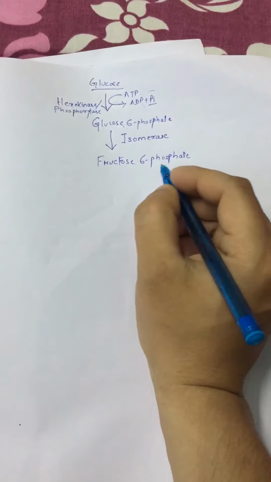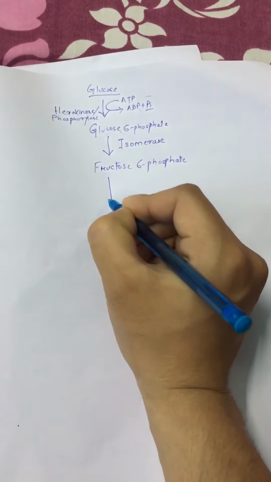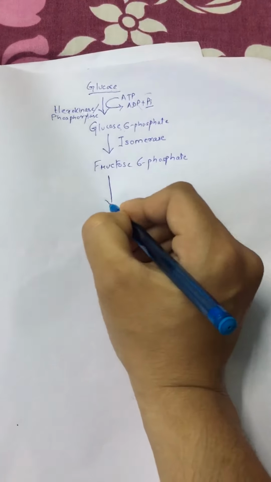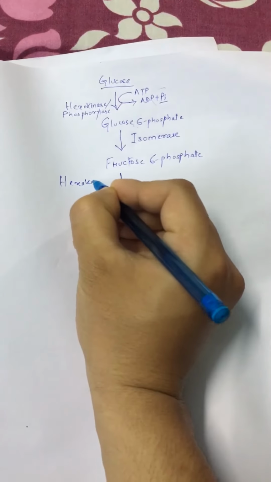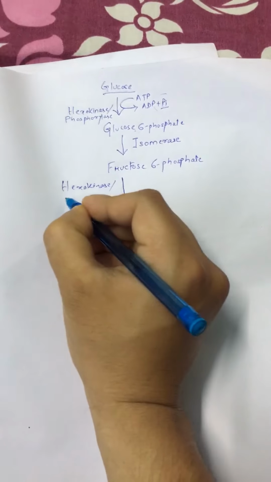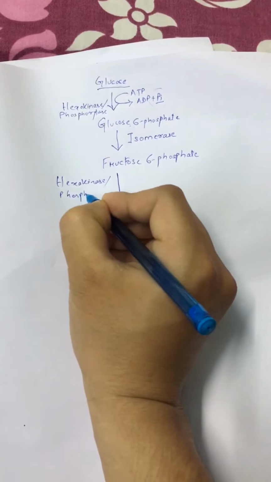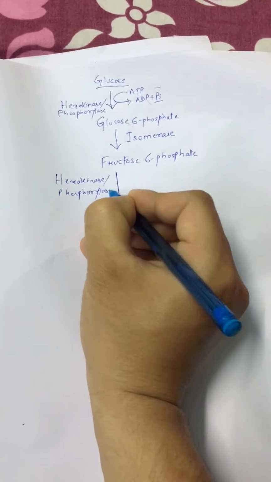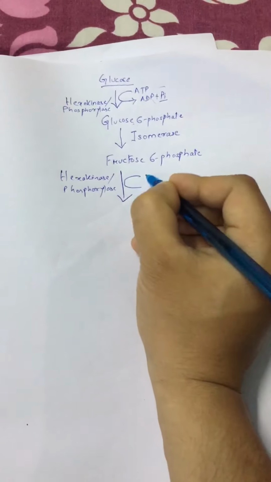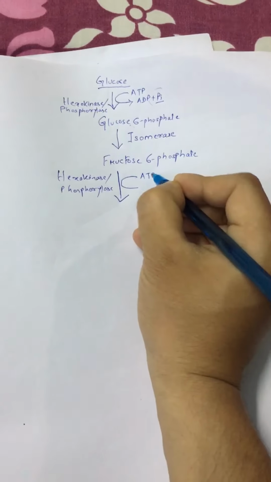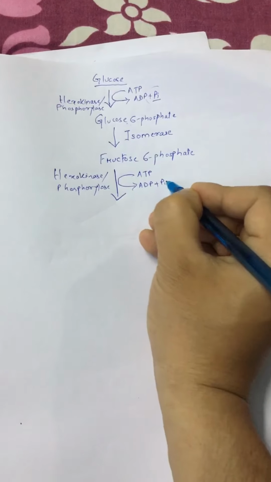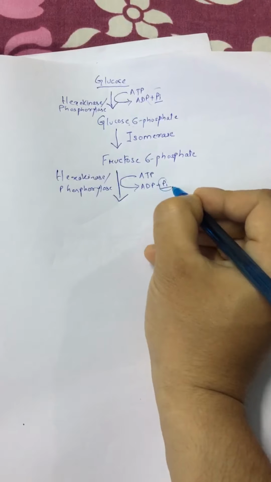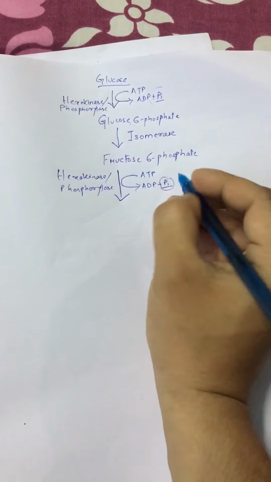Now this fructose 6-phosphate, again in the presence of an enzyme called hexokinase or phosphorylase, and ATP will be broken down into ADP and inorganic phosphate, and again this inorganic phosphate will be added to fructose 6-phosphate.